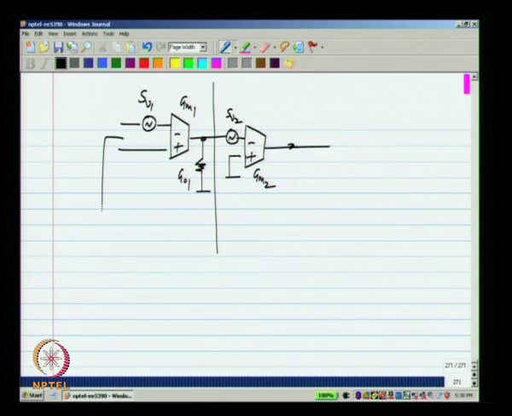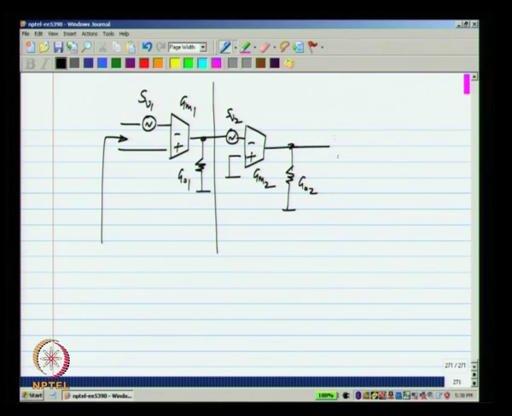So, what will be the total input referred noise? It is quite easy to see. So, one way to do that is to simply calculate the total output noise first. From SV1 we have a gain of GM1 by GO1 times GM2 by GO2, and this is a spectral density.